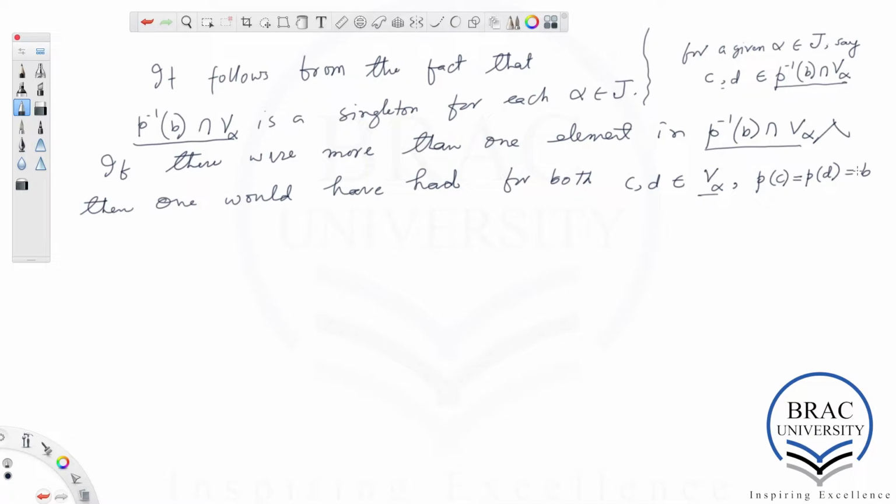It follows from the definition of the inverse image of a point.